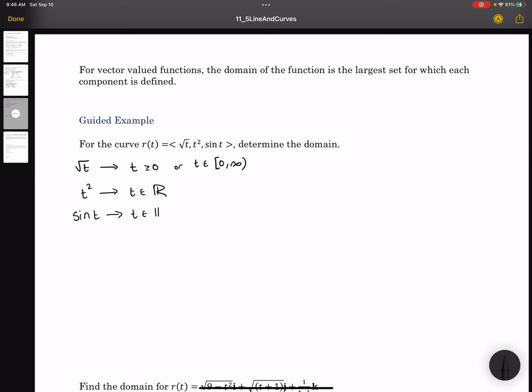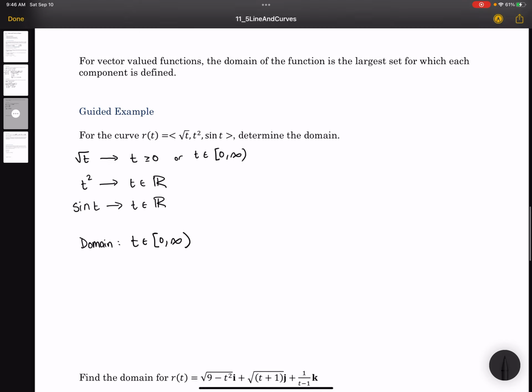T can be any real number. So you always take the strictest requirement when you're looking for the domain. So in this case, the domain is what makes that first component work, the x component. So our domain is t is in the interval of 0 to infinity.